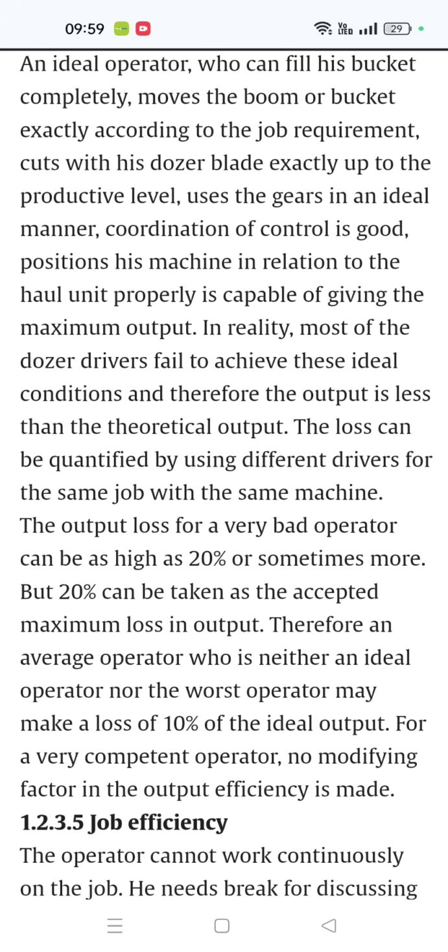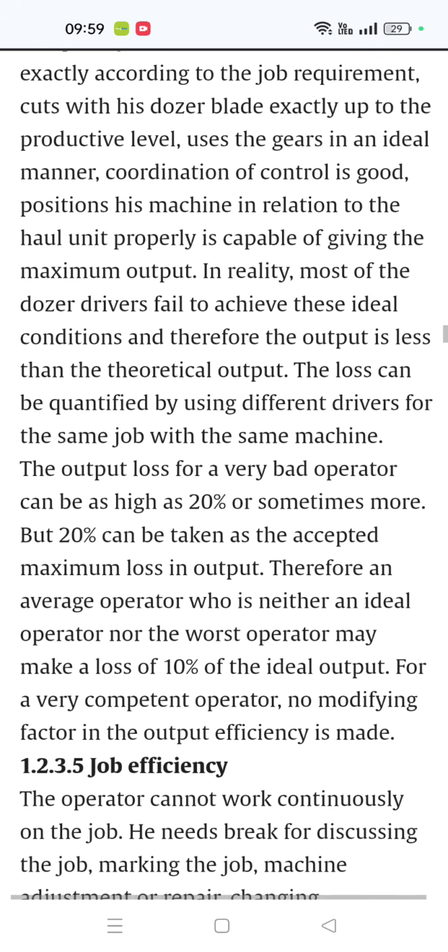In reality, most dozer drivers fail to achieve the ideal condition, and therefore the output is less than their theoretical output.